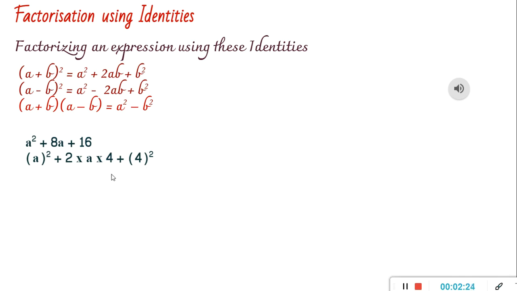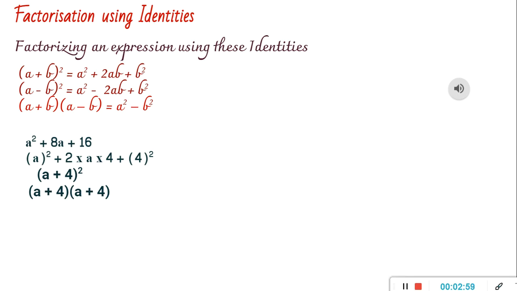That means a square plus b square plus 2ab, which is equal to (a plus b) whole square. That is (a plus 4) whole square, right? So (a plus 4) whole square is nothing but (a plus 4) into (a plus 4). So this is the factor form of this expression. You have very easily been able to write this algebraic expression in the factor form. So we have factorized it. It was pretty simple, isn't it?